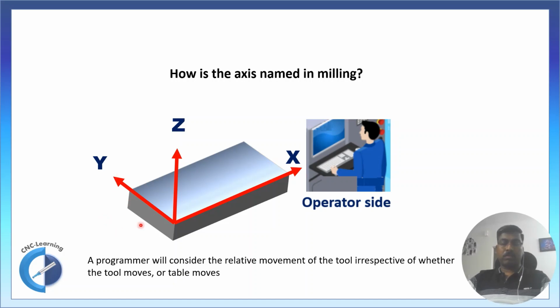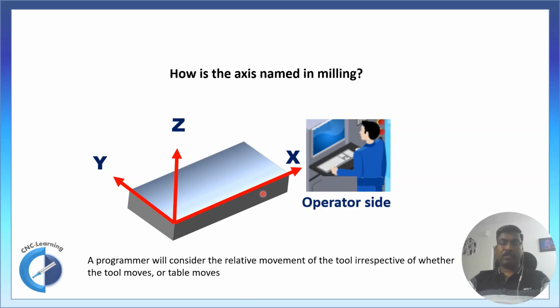Now, in some machines the slide will be moving, and in some machines the head will be moving or the spindle will be moving. But this movement, now the arrow shows X axis plus direction, the opposite will be X minus.